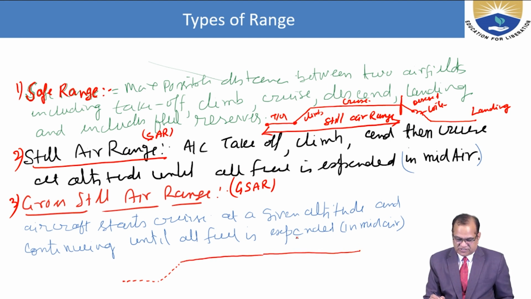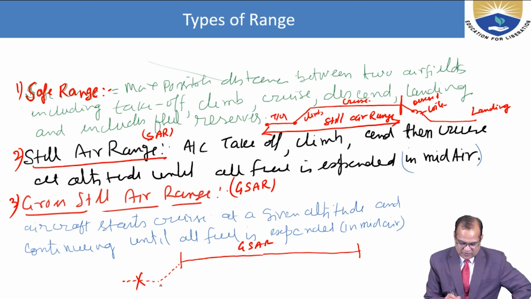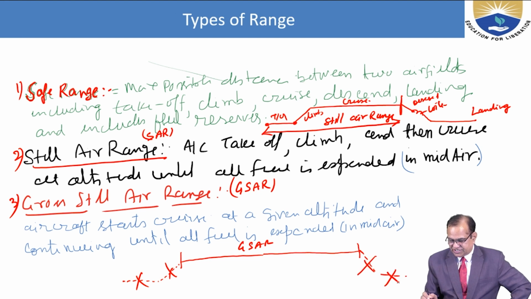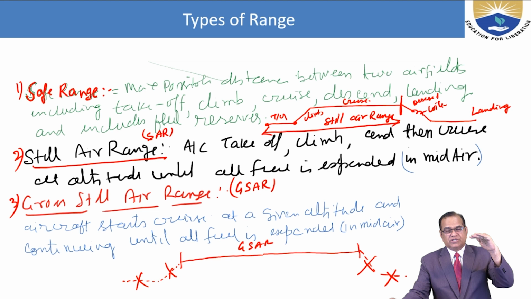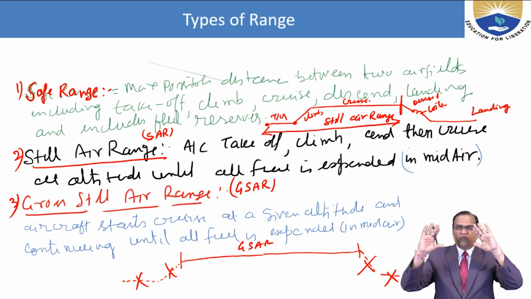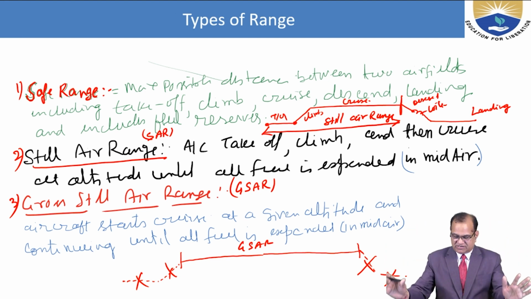In the cruise, how much distance it is covering, that is called the GSAR. In this one the climb is not considered. So this type of range, which is calculated from the cruise, where the fuel is consumed in mid-air itself, is called the gross still air range.